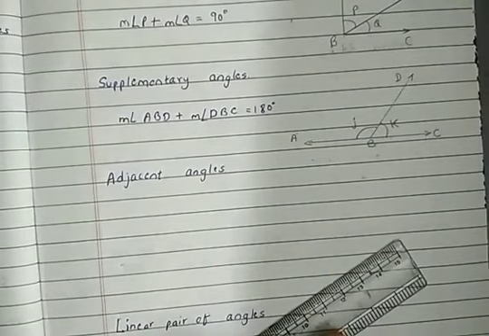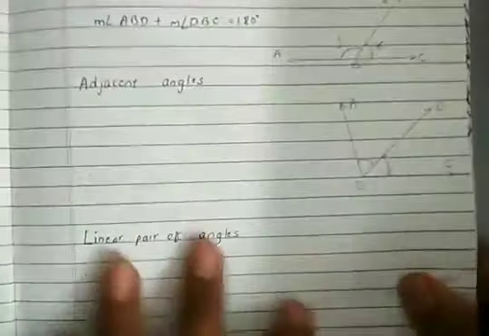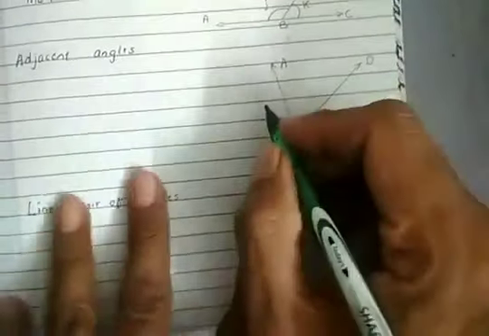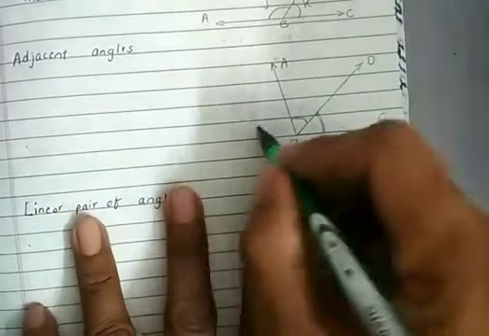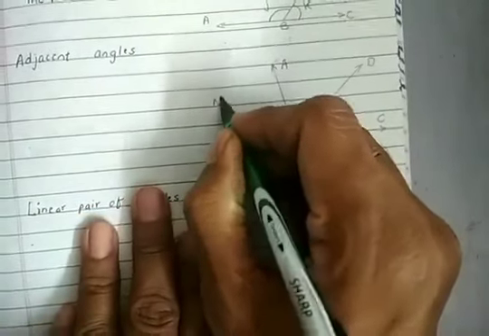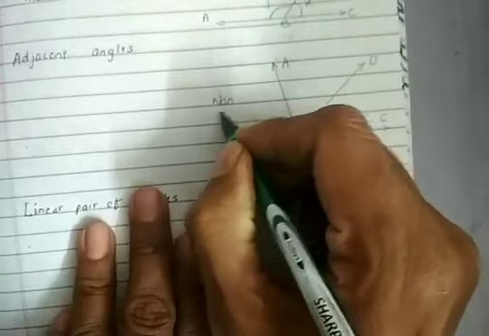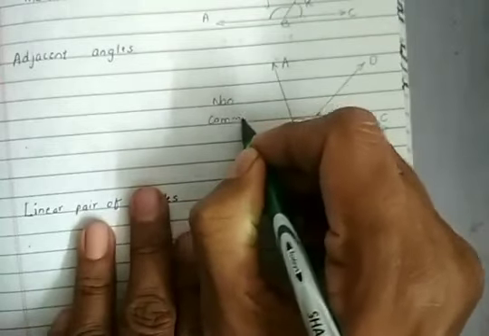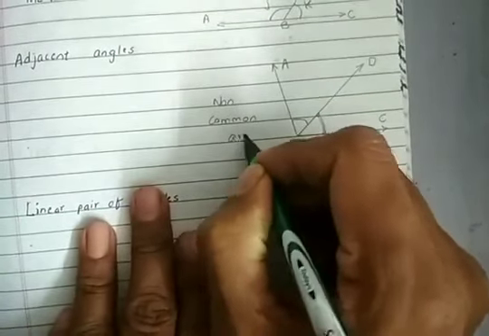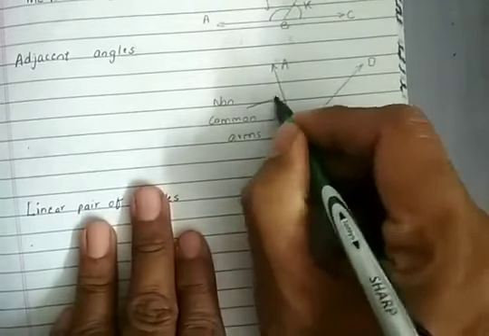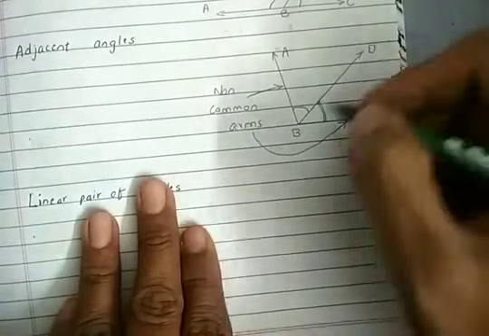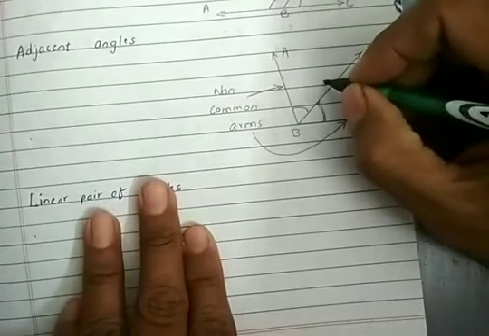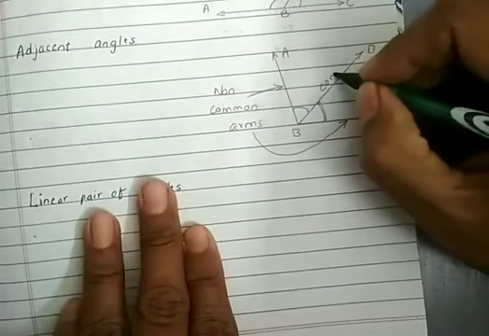Right? Now let's learn about adjacent angles. Ray AB and ray BC are non-common arms, right? And ray BD is a common arm.